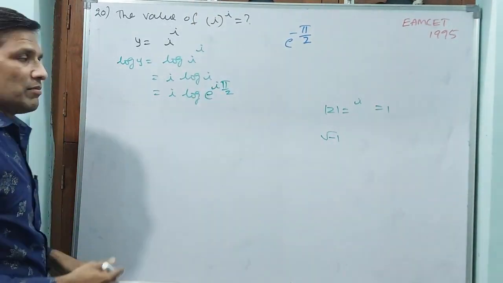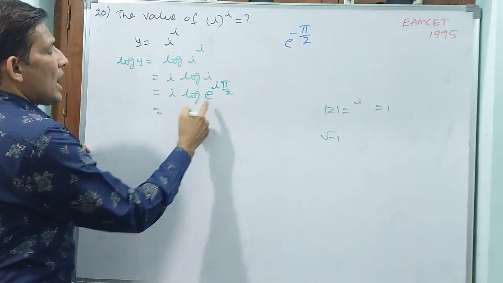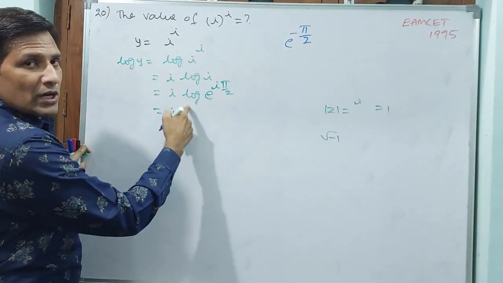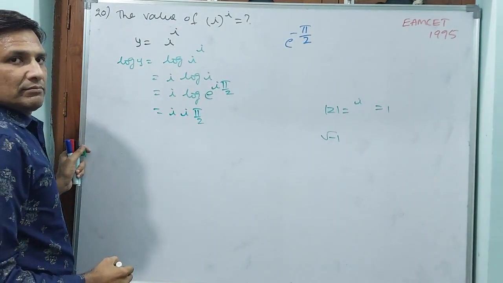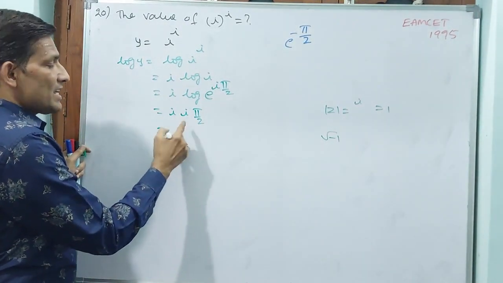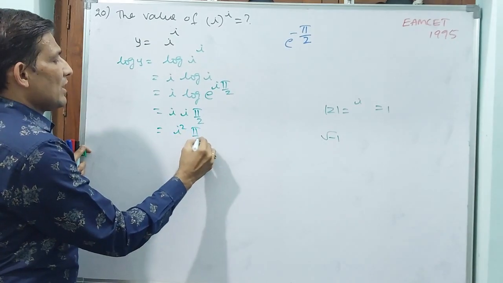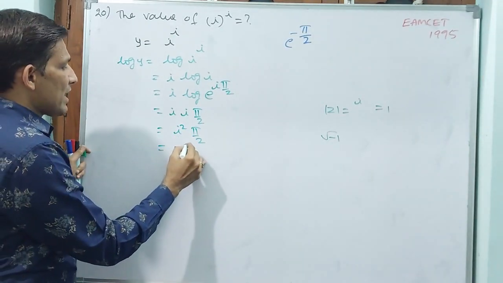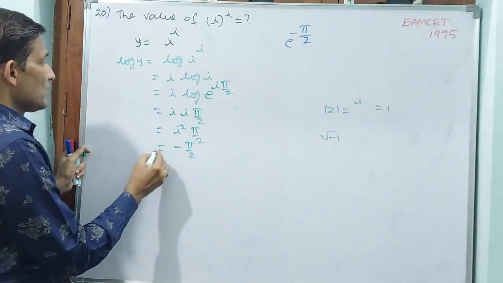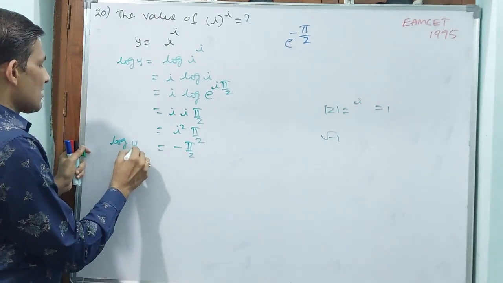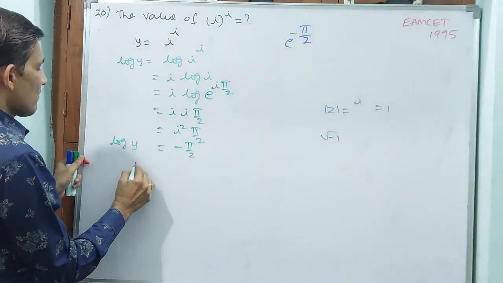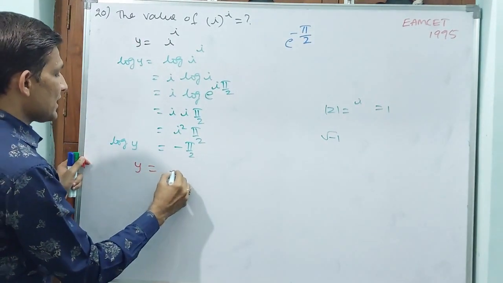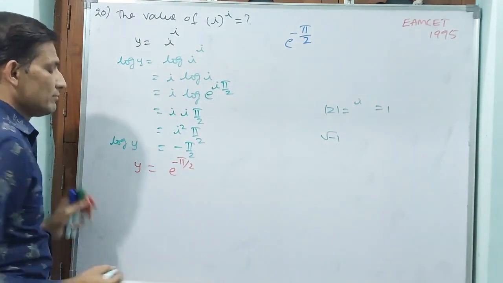Log and e both cancel, then I times I pi by 2 will come, I square pi by 2. I square value is minus 1, so minus pi by 2 will come. This is log y, but we require y finally. So y is equal to e power minus pi by 2.